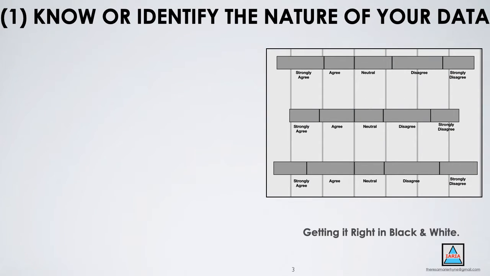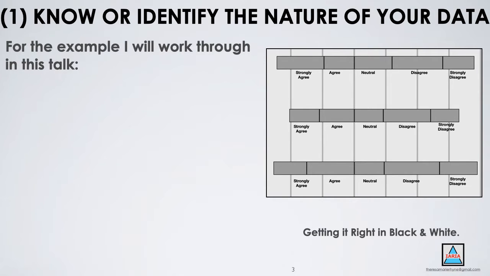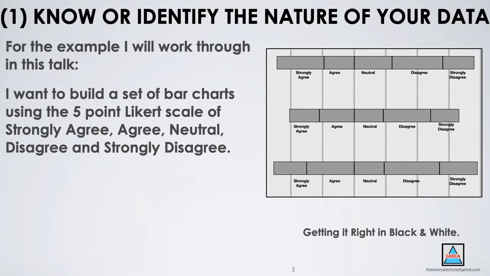So now that we know what kind of data is around, let's see an example. For this particular example that I'm going to walk through in this talk, I'm going to use what they call a Likert scale. And that's strongly agree, you're neutral, you disagree, or you strongly disagree. I'm going to create a color scheme in magenta.